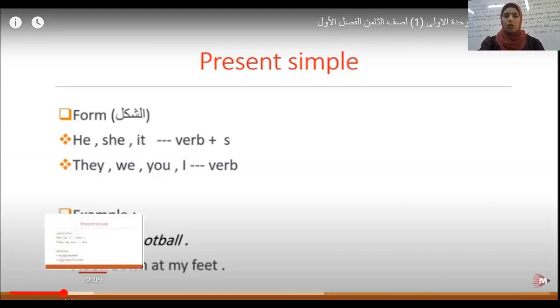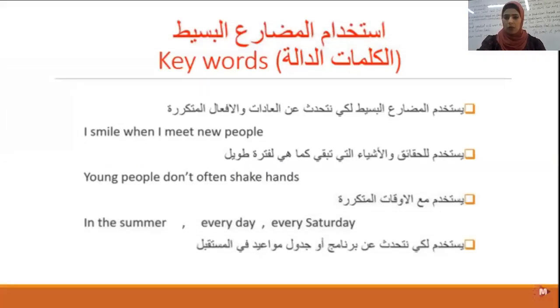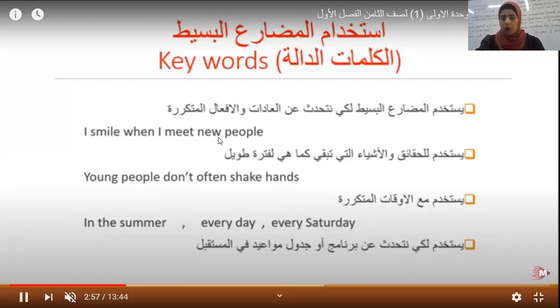We use this rule with keywords or in special places, like number one, with things that happen always, or things we do in our lives, like habits and repeated actions. I smile when I meet new people.